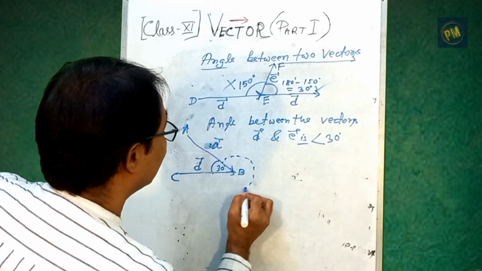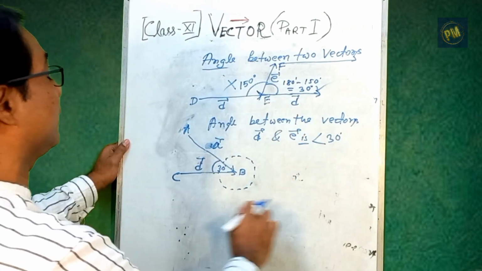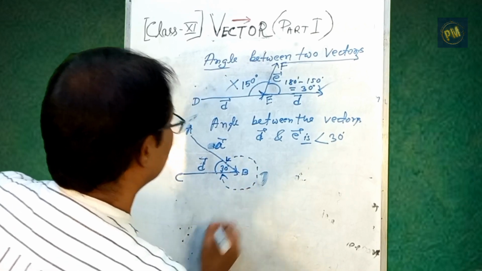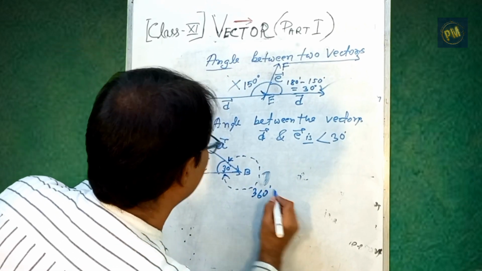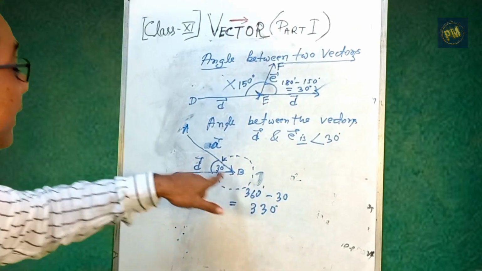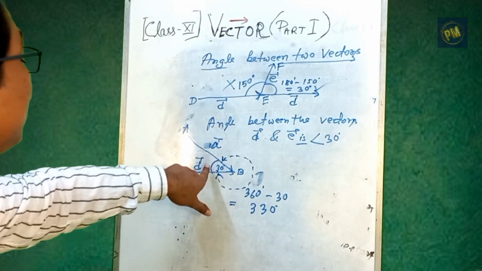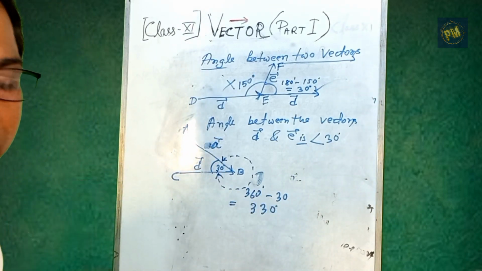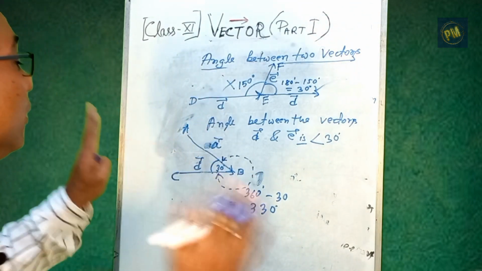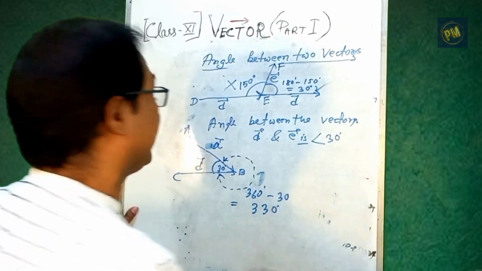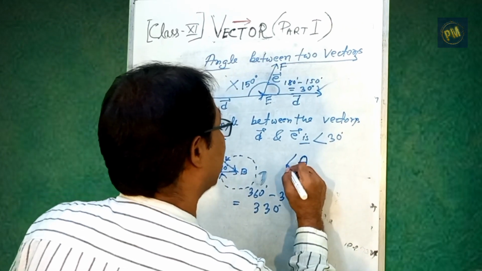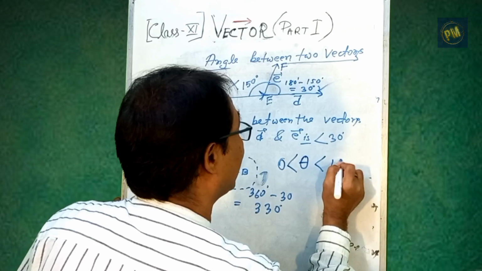This is also an angle. The total angle is 360 degree, so the external angle is 360 minus 30, 330. So when they are meeting head to head, you can say the angle between the vectors is 30 degree. Why not 330 degree? 330 degree is also an angle at the head to head, but the angle between the vectors cannot be greater than 180 degree. So theta is the angle between the two vectors, theta greater than 0 and less than 180 degree.